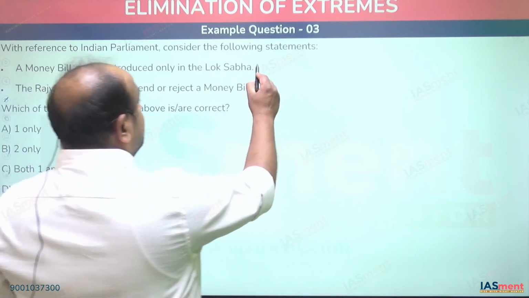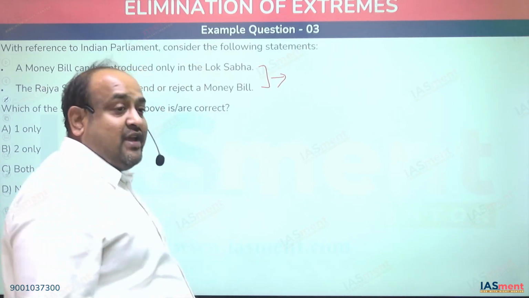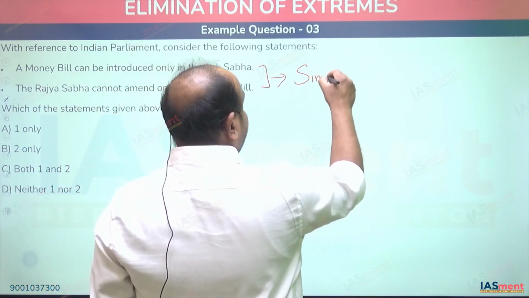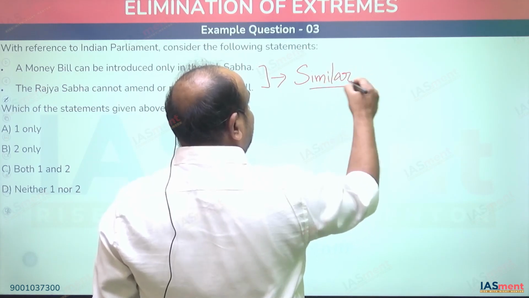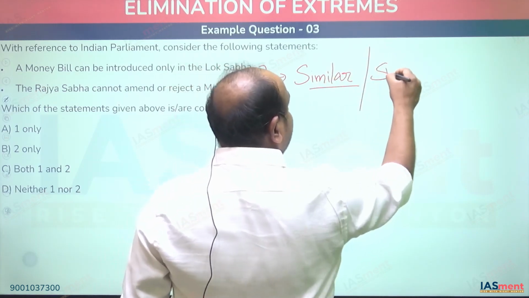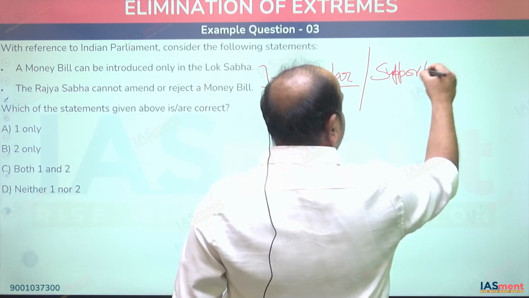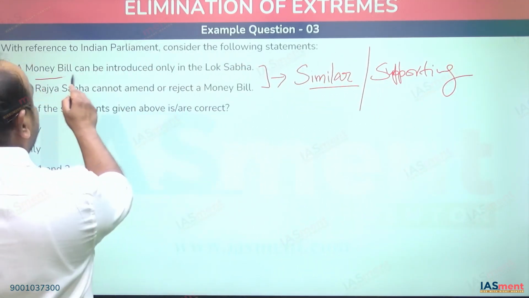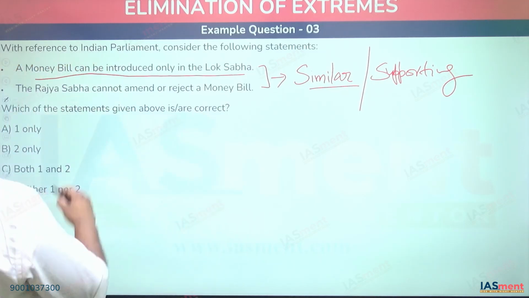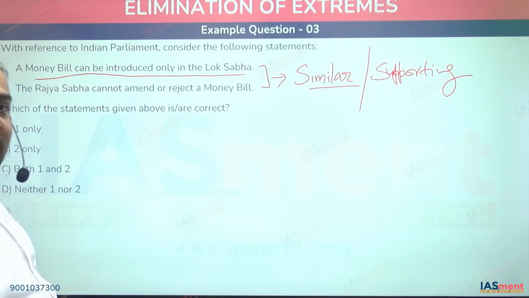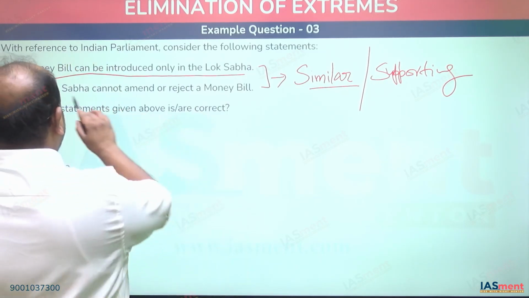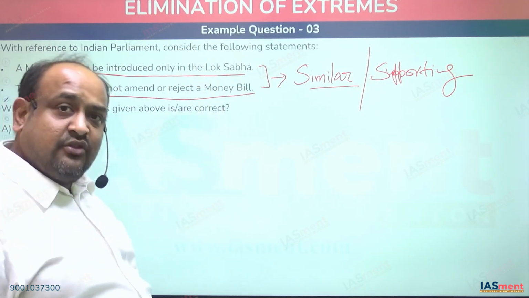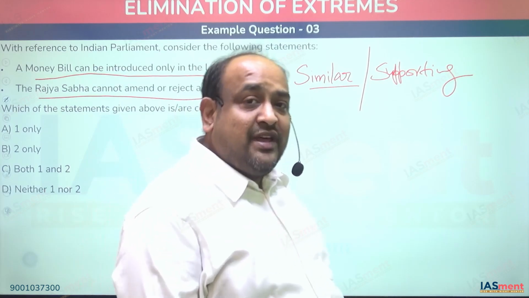Now see, after reading these questions, what we can conclude is that both the statements are similar to each other, both are supporting each other, right? A money bill can only be introduced in Lok Sabha, meaning a money bill can only go to the Lok Sabha. If it is only in the Lok Sabha, then Rajya Sabha cannot reject or amend it. This is correct. See, the question is very much easy.